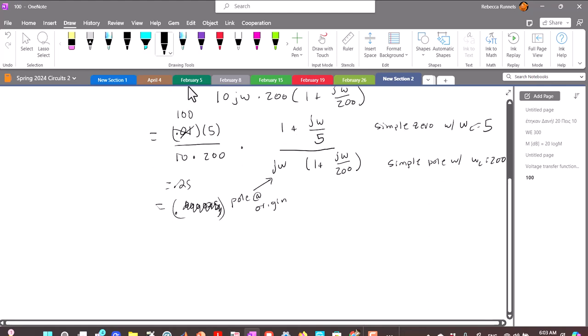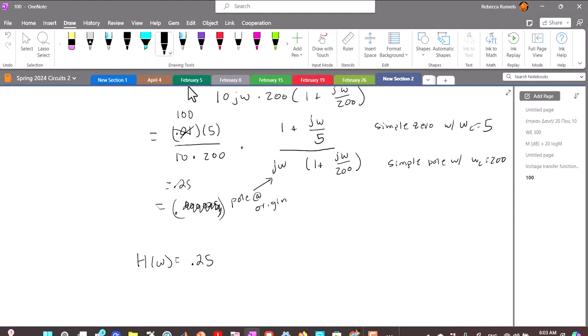So now I have my transfer function in standard form, h of omega equals 0.25 times 1 plus j omega over 5, over j omega times 1 plus j omega over 200.